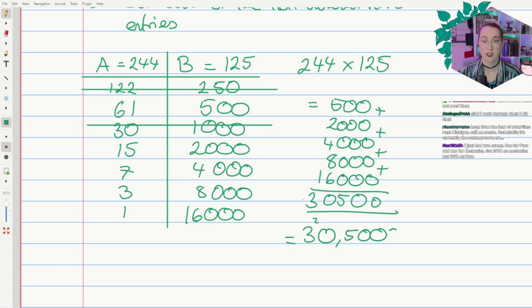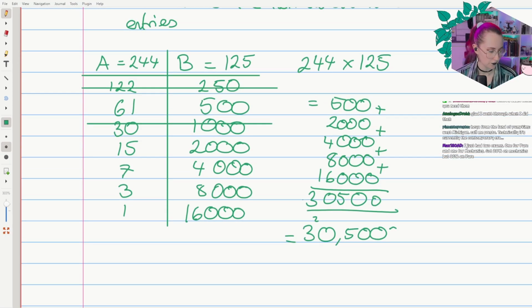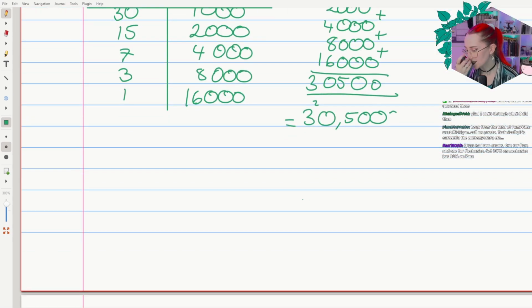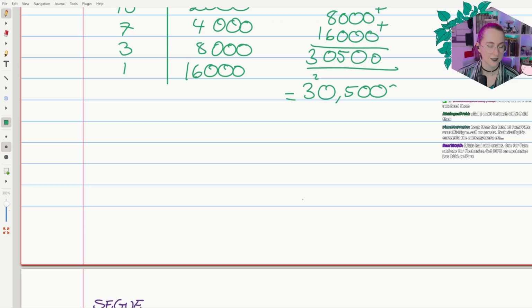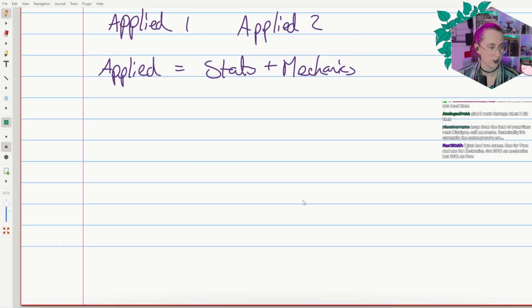And we can just check that directly. So 244 times 125 is in fact 30,500. Cool. So we didn't write out the steps that we were doing for that, but procedurally we completed the table until we hit 1 on the left-hand side, deleted the entries, and then summed. So that follows through the algorithm. So yeah, basically just summarizing, algorithms are sets of instructions that we need to follow.